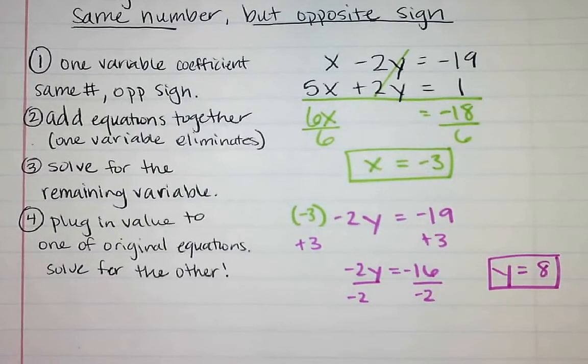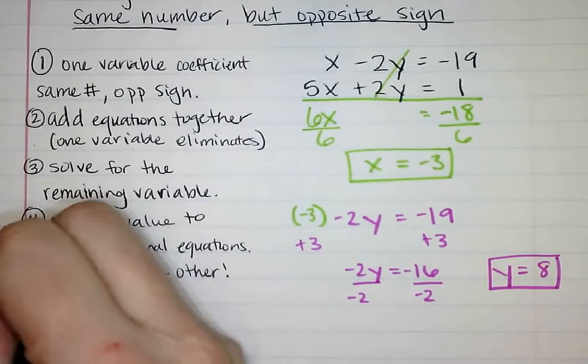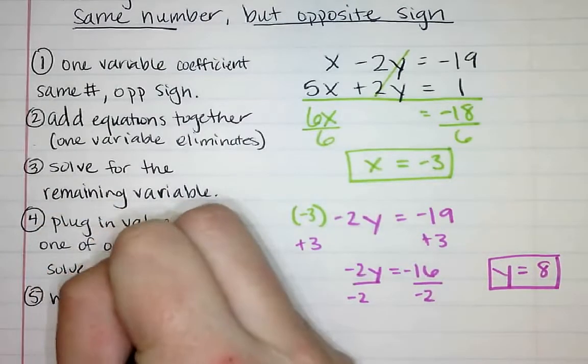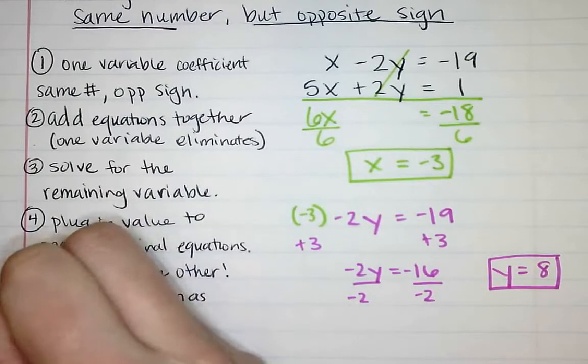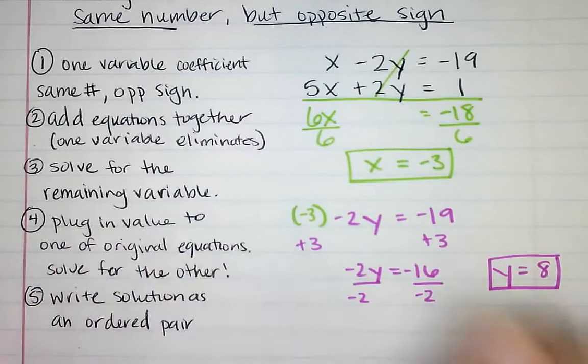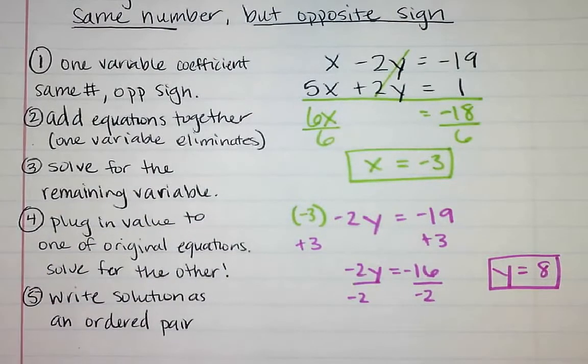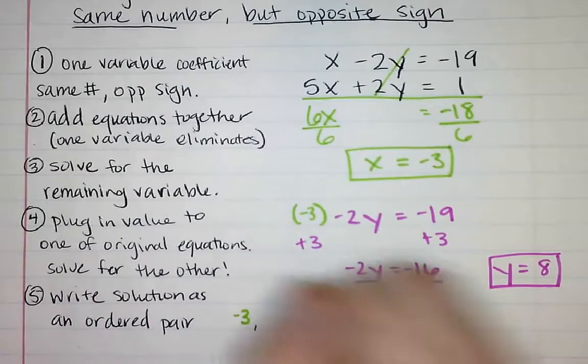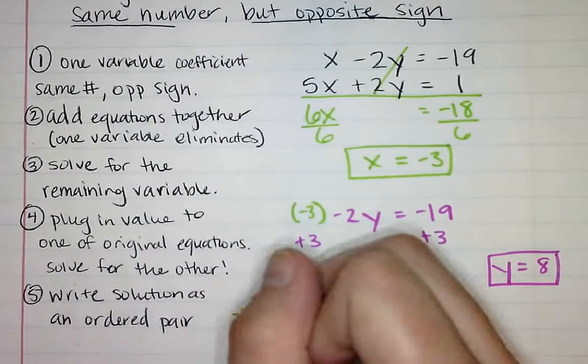And last but certainly not least, our step is to write the solution as an ordered pair. So that would be (-3, 8). Do you feel good about that?